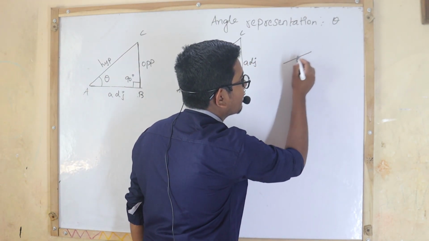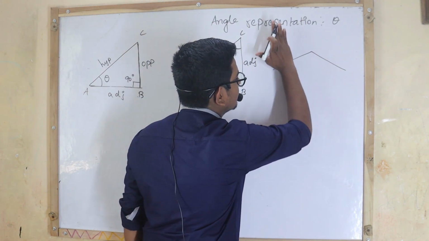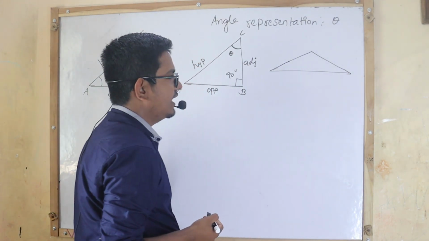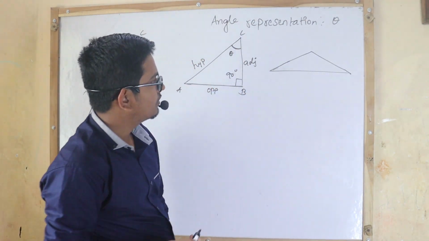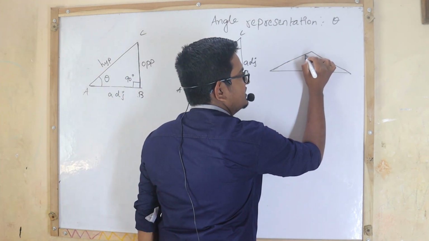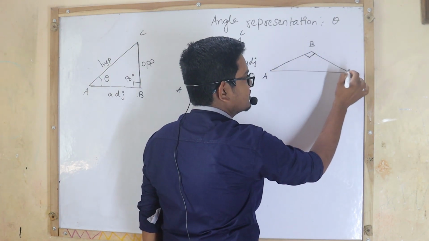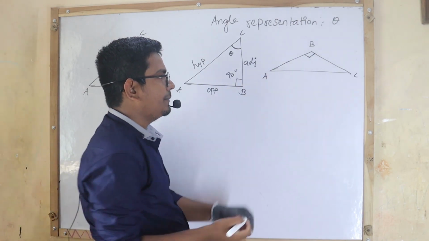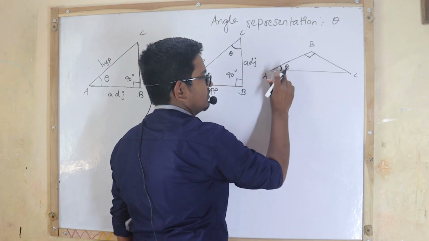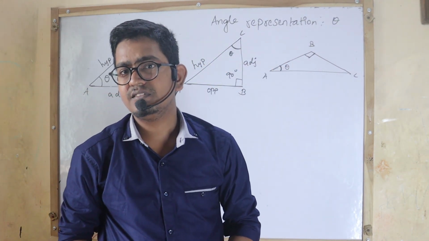Yeah, it is a triangle given, as you can see here, right? If I am saying this triangle is making 90 degree here, it is the point A, it is the point B, it is the point C, and I am asking for this theta, right? Now I have to mark the sides.